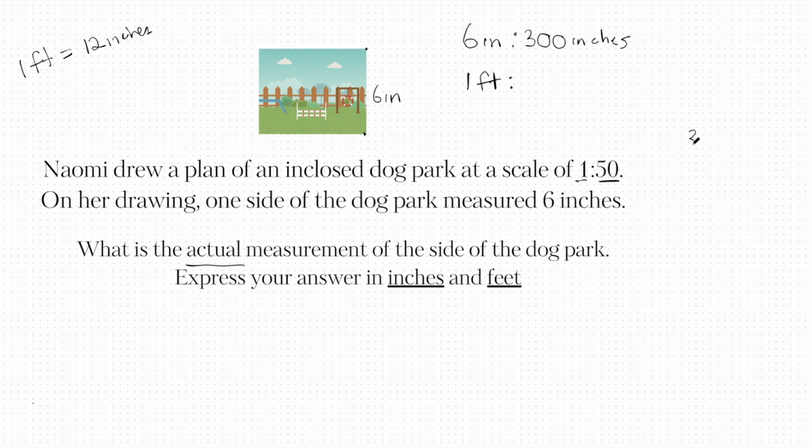So if I do 300 and I divide it by 12, I get 25. So the ratio would be 1 foot for every 25 feet in real life. And there you go.